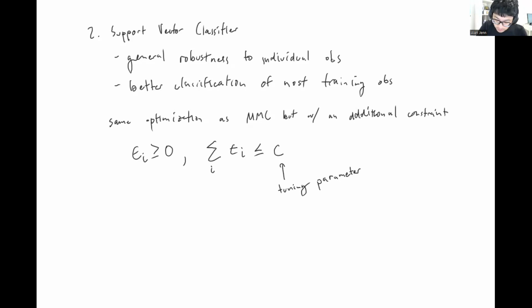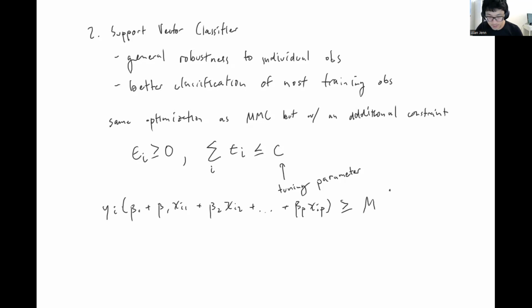So this ends up looking something like this, which is the same as before. Except now Rm is multiplied by 1 minus epsilon I, and this is our slack variable.